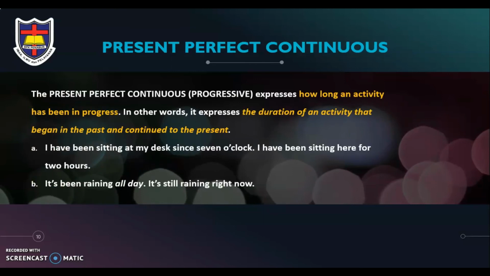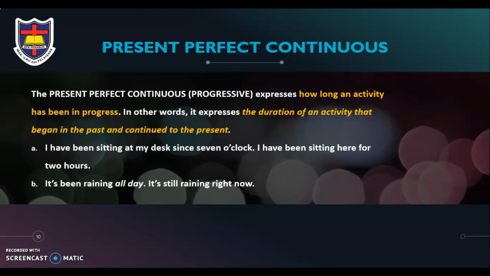Next, the present perfect continuous or progressive expresses how long an activity has been progressing. In other words, it expresses the duration of an activity that began in the past and continued in the present. Remember, focus on the progress. I have been sitting at the desk since 7 o'clock.